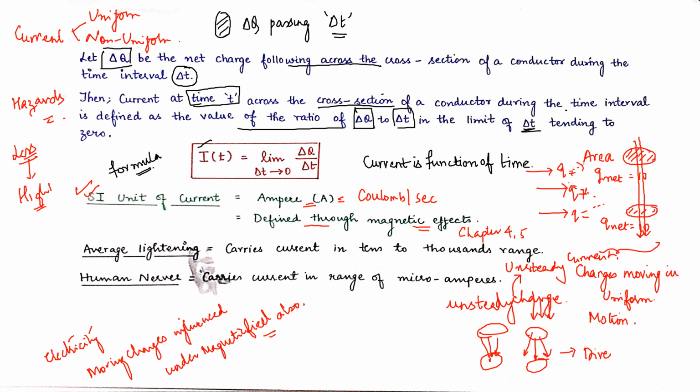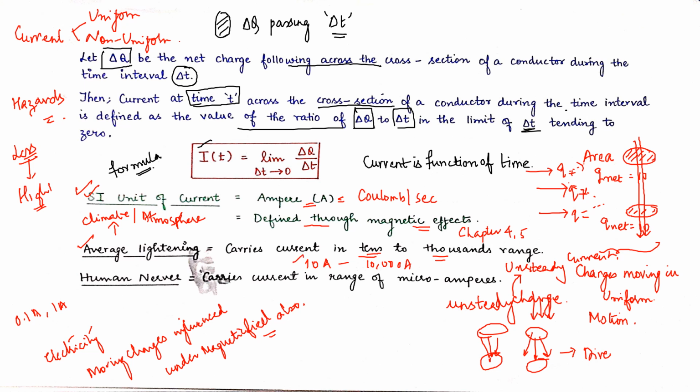Now the average lightning which we see in our climate, or in our atmosphere, carries current in the range of tens to thousands. It will range from 10 amperes to 1000 or 10,000 amperes, which is very high. Check your cable charger, check your electrical appliances. They always have 0.1 ampere, 1 ampere written, extremely less. You will rarely find it in the tens.